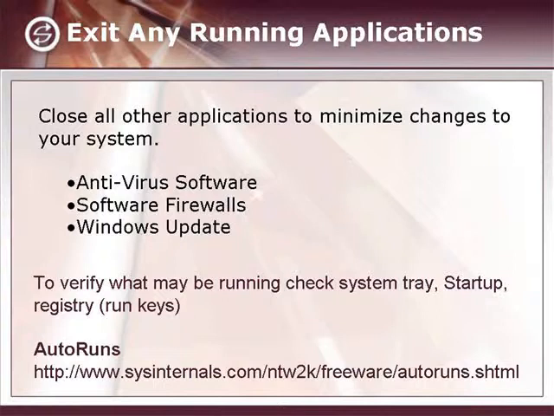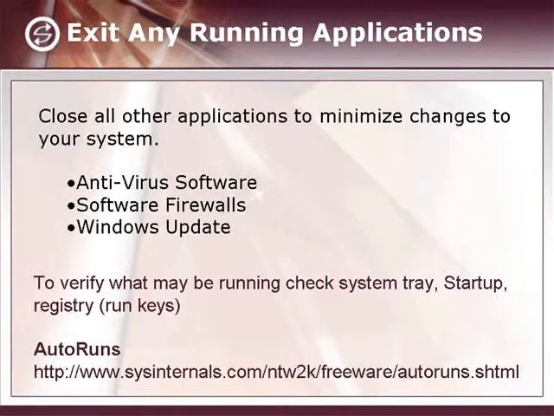Some applications are harder to find. You can look in the startup folder and program files. You can look in the registry under the run keys, and I've actually discovered this tool at Sysinternals called Autoruns. The link for it is here.